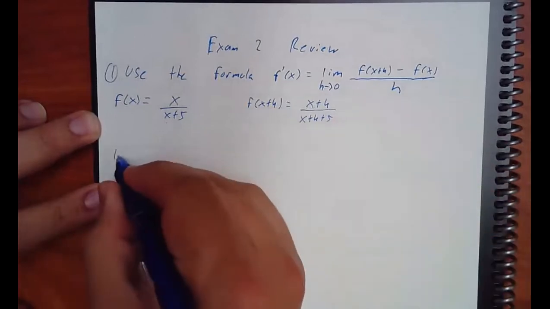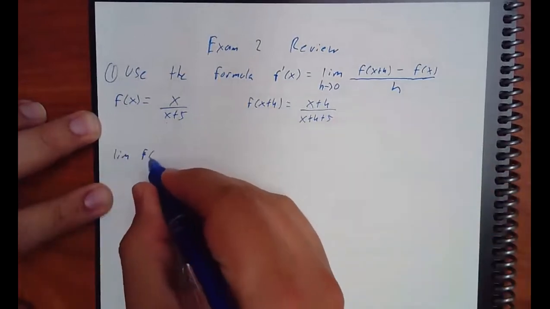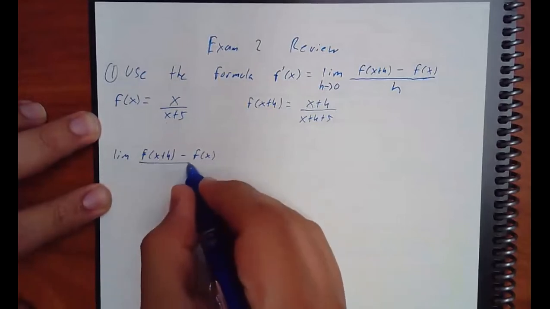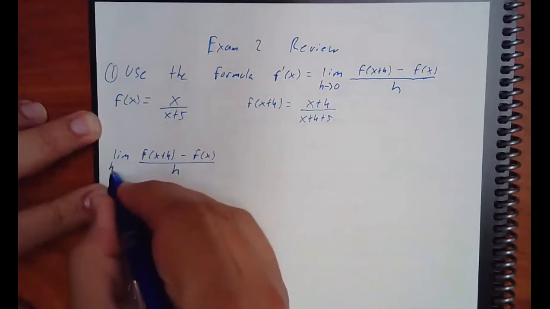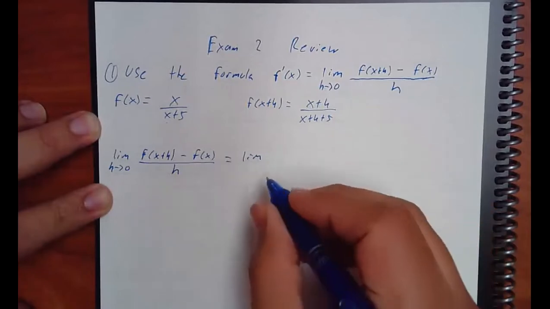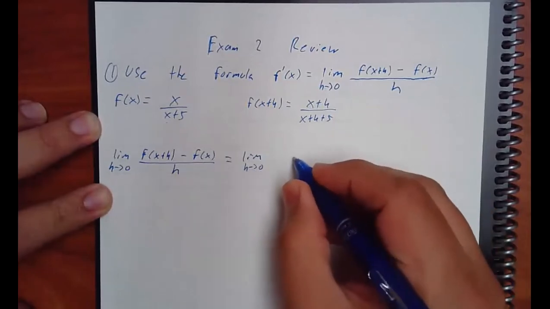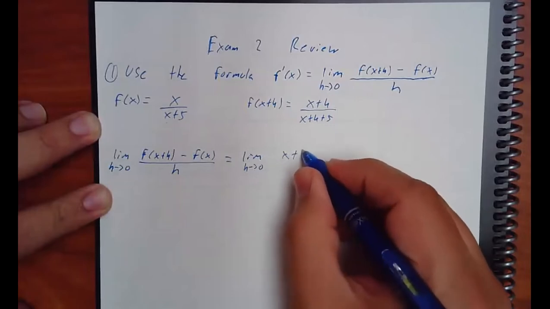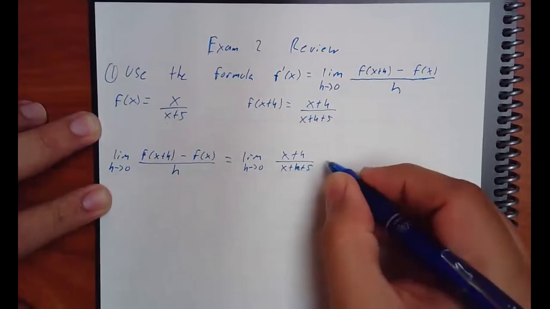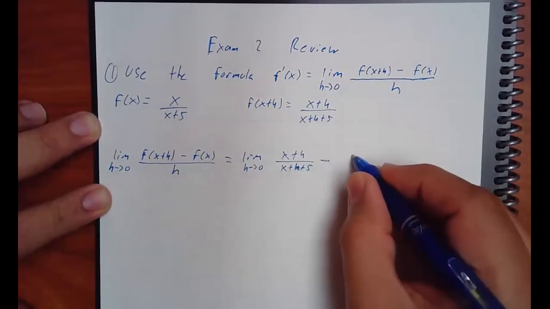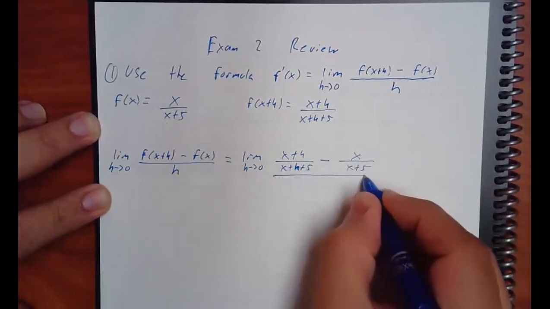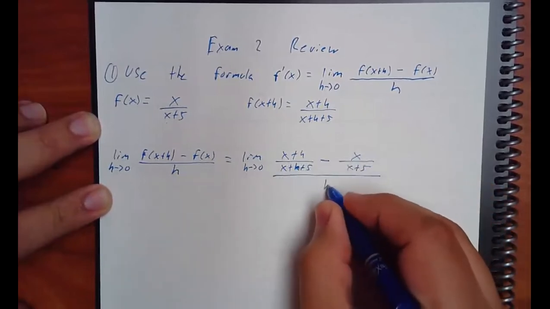So the limit of f of x plus h minus f of x over h would be the limit as h goes to 0 of x plus h over x plus h plus 5 minus x over x plus 5, over h.